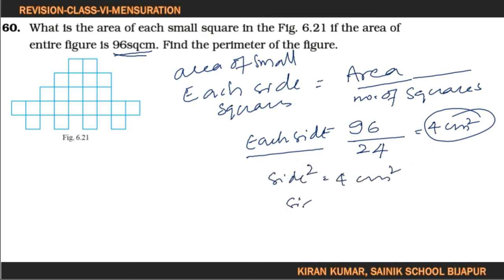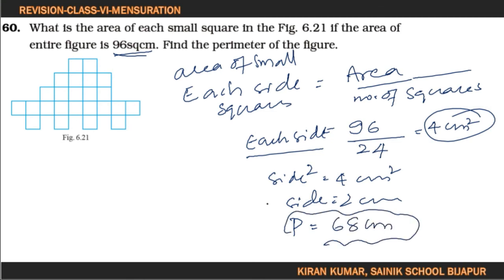So the side will be equal to 2 centimeters. When the side is 2 centimeters, for the perimeter we have to add like this, 2 plus 2, 4 plus 2, 6 plus 2, like that. The perimeter comes to 68 centimeter. This also I want you to try. With this question, I'll end today's session. Thank you.